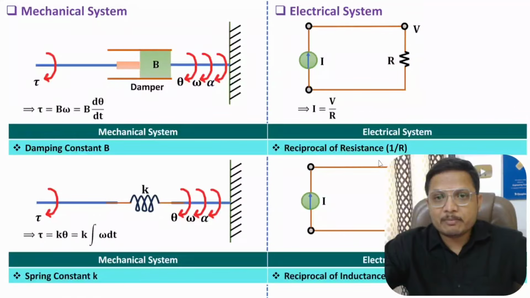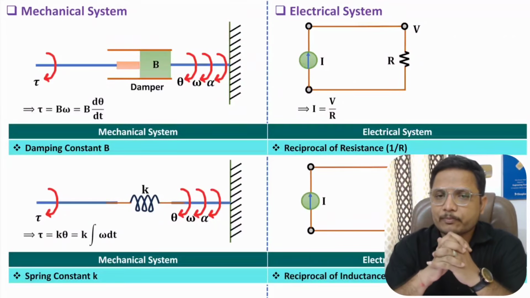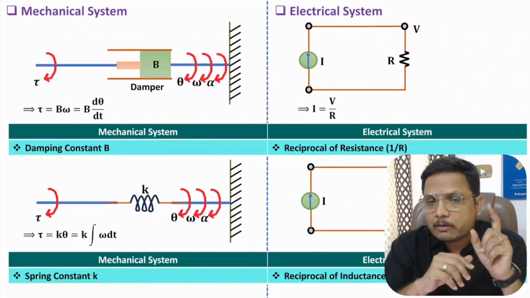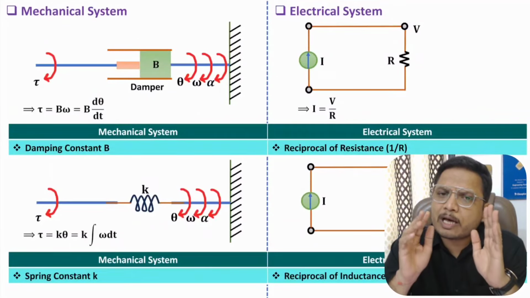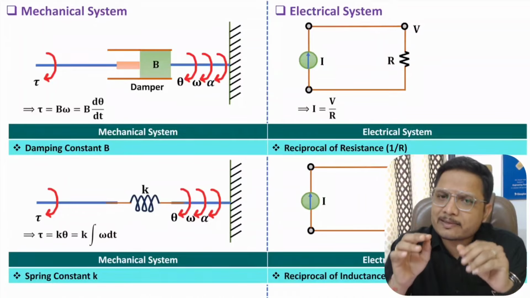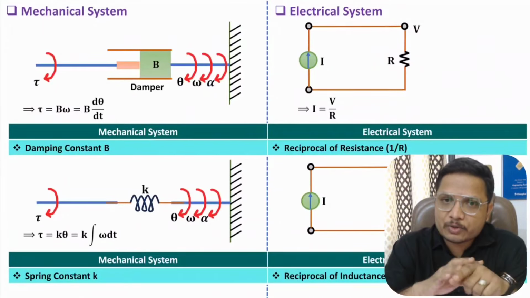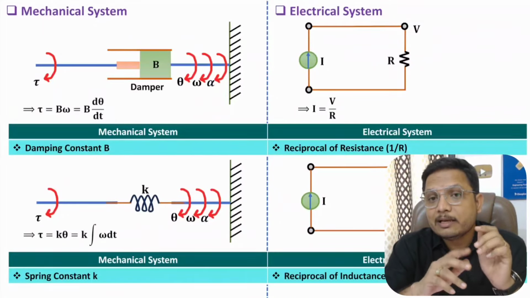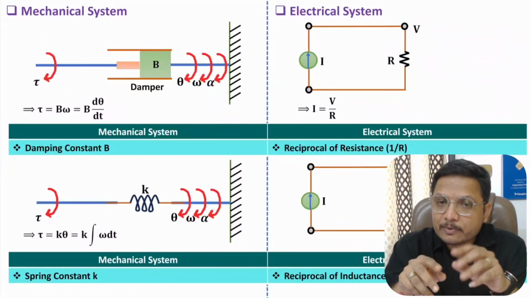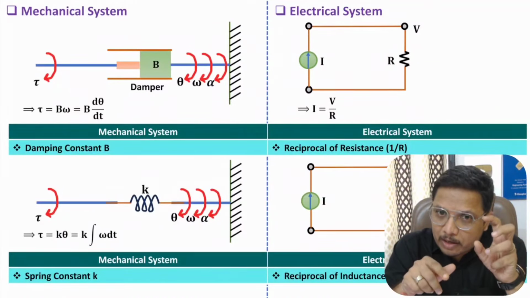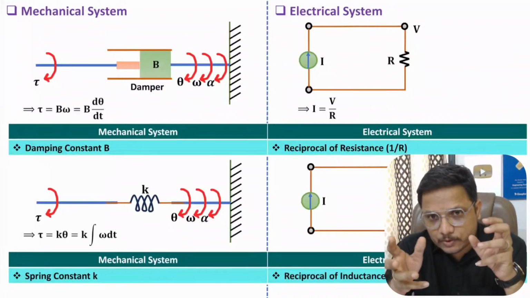Now there are a few basic things that you need to note down. Torque current analogy and force current analogy are almost identical, both are the same, one can say, but one should know the relation between linear motion and circular motion. In circular motion we have torque, in linear motion we have force.